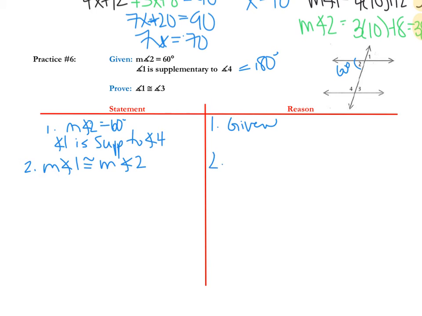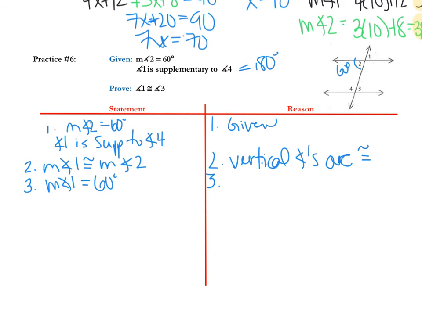And the reason being is because vertical angles are congruent. And for this one, you guys don't have to write it out, you can just literally write vertical angles are congruent. So, if angles are congruent, then that means that the measure of angle 1 equals 60 degrees.